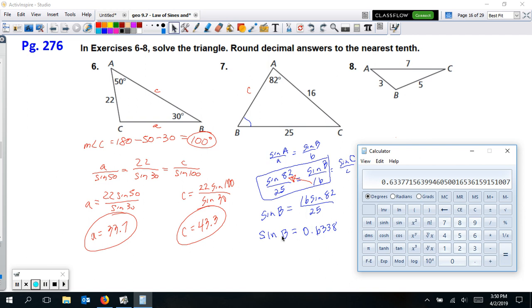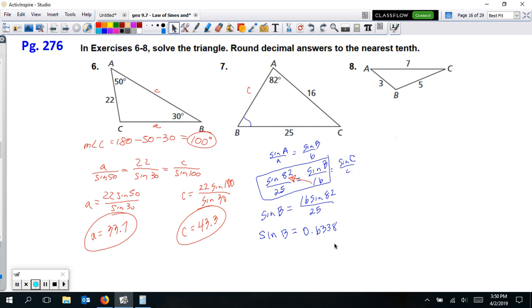So now since I'm trying to find the angle measure, we have to use the inverse sine button to find the angle measure of this. So the measure of angle B is going to be the inverse sine of this. Basically I'm zapping both sides with the inverse of sine.